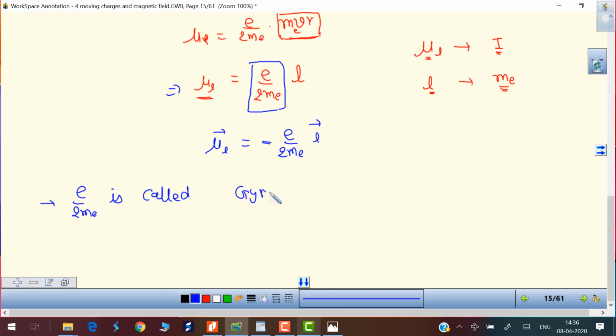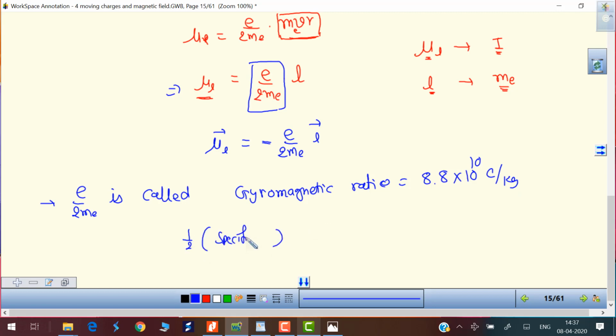Its value comes out to be 8.8 into 10 raised to 10 coulomb per kilogram, and it is half of the specific charge of the electron. The specific charge of the electron, and the gyromagnetic ratio is half of this one: 8.8 into 10 raised to 10 coulomb per kg.